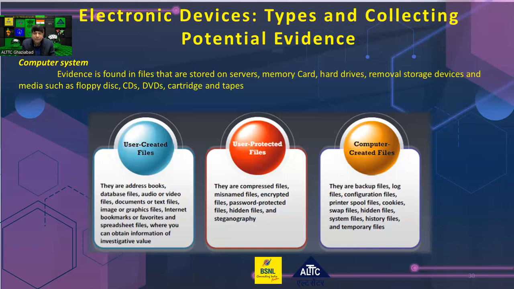Computer-created files are backup files, log files, configuration files, print spool files, cookies, swap files, hidden files, and general system files and Windows files. These are created by default by the computer through the activity of the user.